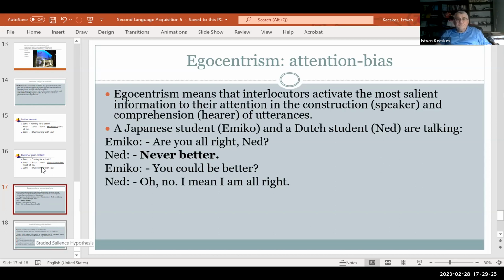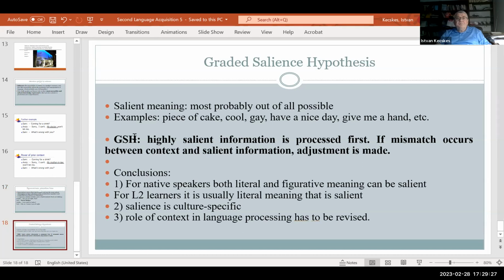So, as I said, salient meaning is something that comes to your mind no matter what. And the important thing with salient meaning is that it changes both diachronically and synchronically. Just think about expressions like piece of cake or cool or gay, and several other expressions which used to have different meanings.